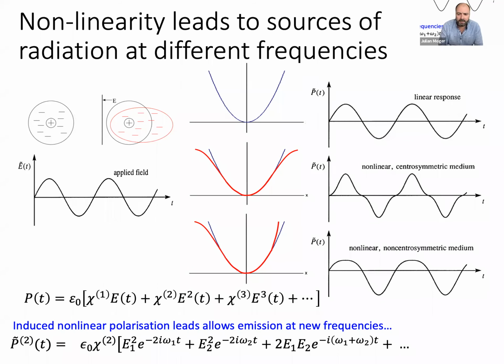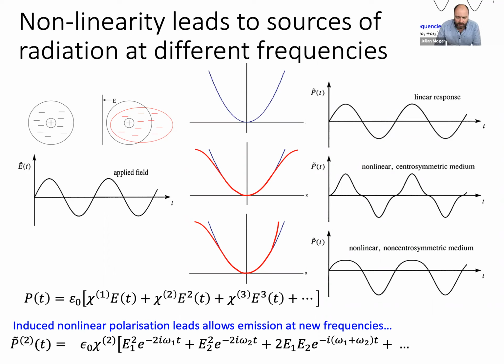The emission from these dipoles is at the same frequency that we use to excite them. However, if we drive the system a bit harder and pull the electrons further away from their parabolic potential, we can start to see that the restoring force becomes non-linear with the position.